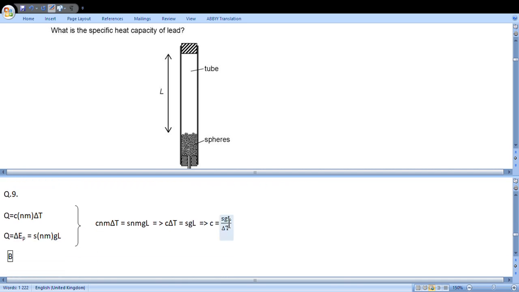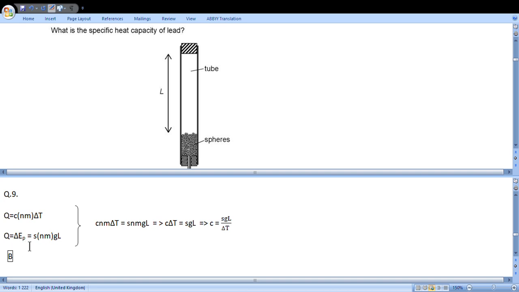Now, how can we calculate? When we turn it upside down, we increase potential energy, and then it falls, and potential energy changes into heat. Temperature rises, so this means that heat Q was provided to mass nm, specific heat is c, and delta T is the temperature change.